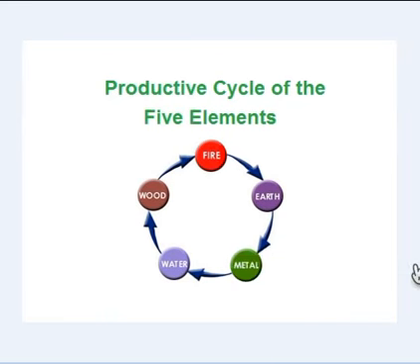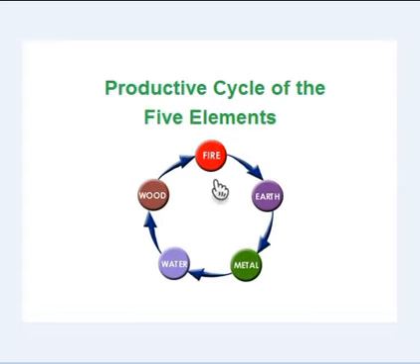Now, here we have the productive cycle of the 5 elements. Fire produces earth, earth produces metal, metal produces water, water produces wood, and wood produces fire. This cycle actually represents the interactions between the 5 elements in nature as well.